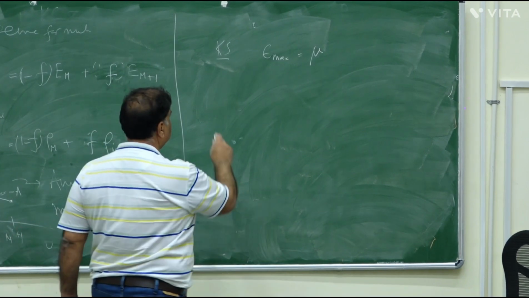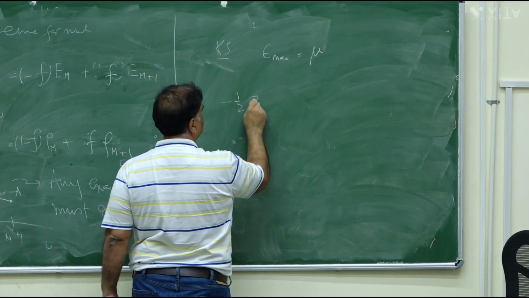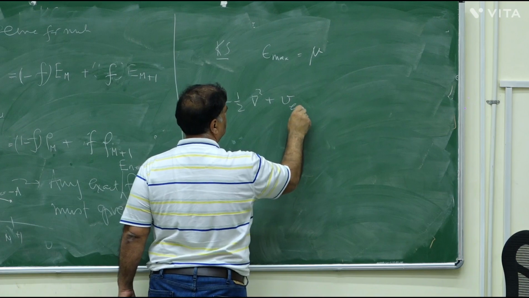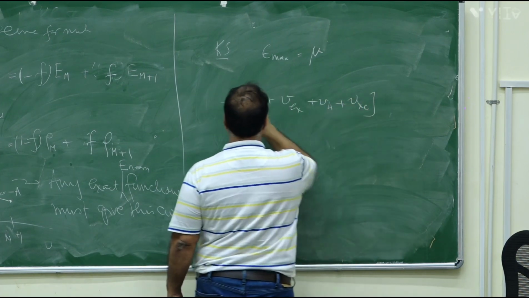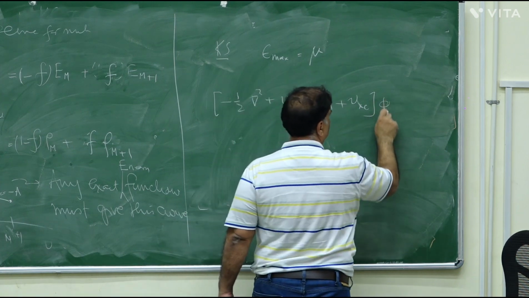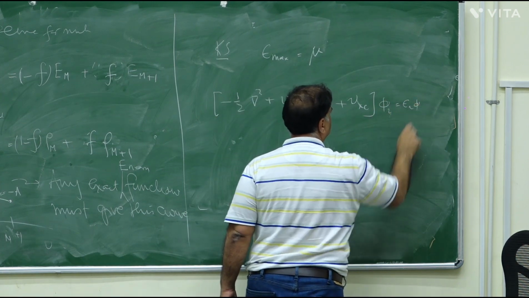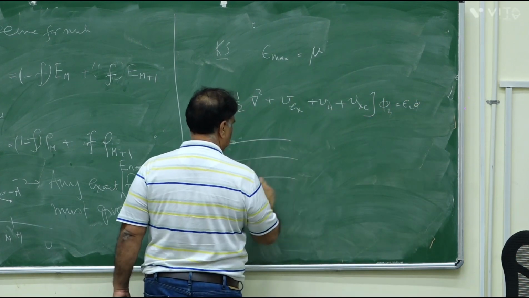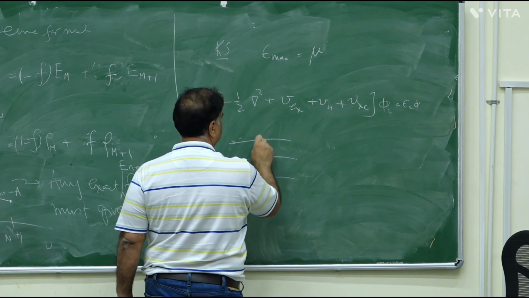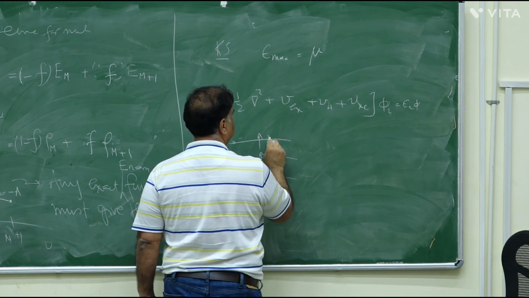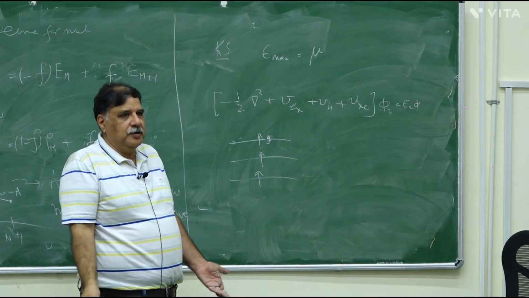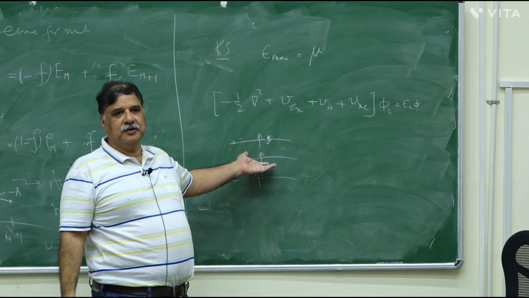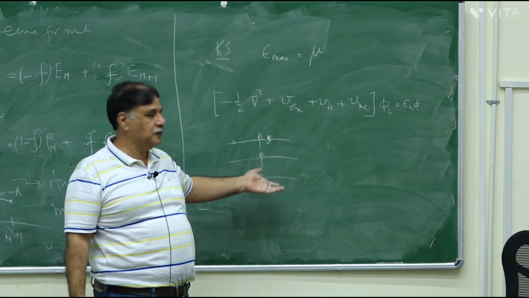If I could do a Kohn-Sham calculation with a fractional number of electrons, how would I do that? I'll put one electron, one electron, one electron, and maybe a bit of it, a small fraction. That's how you do it. I can put a fractional number of electrons, 0.5 electron, 0.2, and so on.